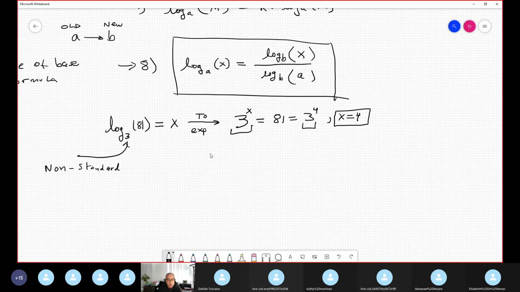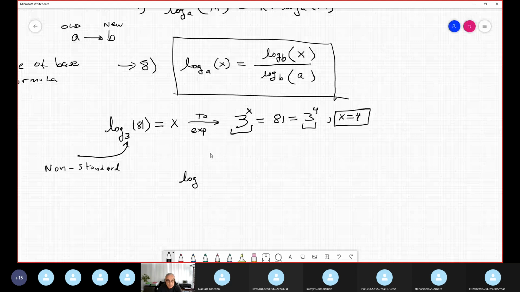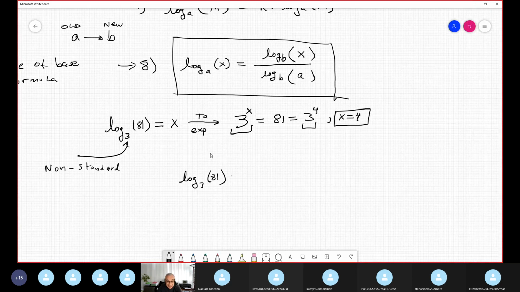But don't worry, because we have in my hand one magic formula that allows me to change the base. Suppose that, again, I want to compute the logarithm base 3 of 81. However, mentally, I convert to a standard base. And remember, we have two standards, LOG or LN. Suppose I like LOG first.